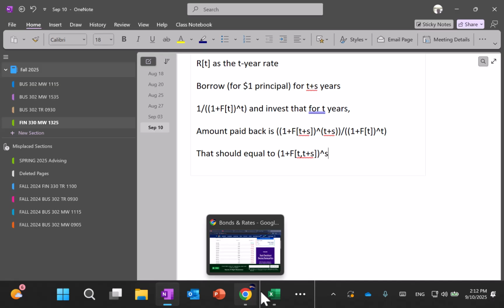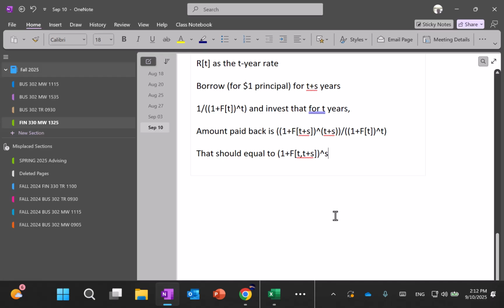You can kind of bootstrap to do that. I'm not going to do it in this class. I'm going to propose a class on fixed income securities. In a class like that, which would be just for banking majors, I would cover it.